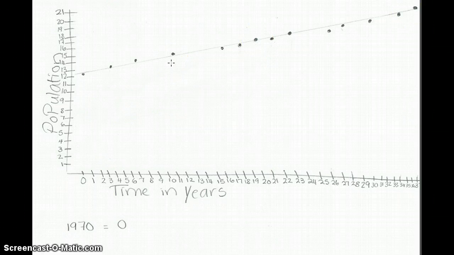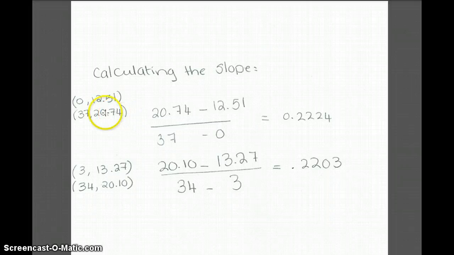However, we can definitely calculate it by taking just points that are further away from each other and getting the slope with that. So if I use the last point and the first point, I'll get a slope of 0.2224. And then if I use the second point and the second to last, I'm going to get 0.2203.